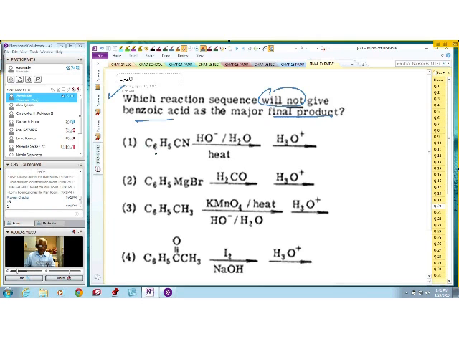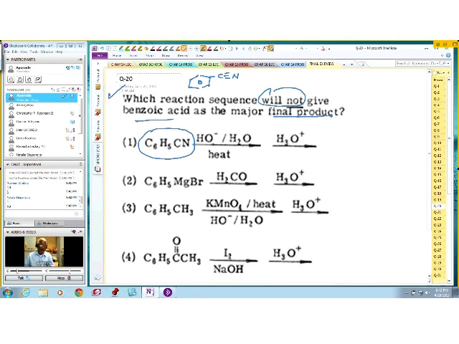They have benzonitrile, this here. This is benzonitrile. Okay, and then they do the hydrolysis of benzonitrile and then follow that up with acidification. Okay, let me ask you this. Will this give you carboxylic acid? Yes or no? This sequence.